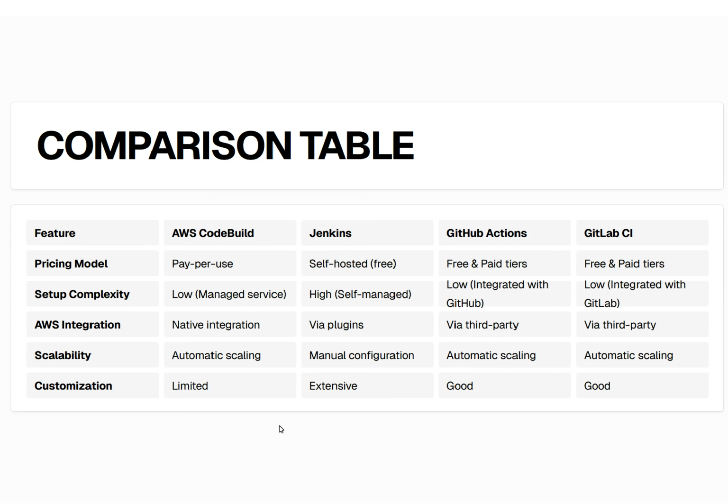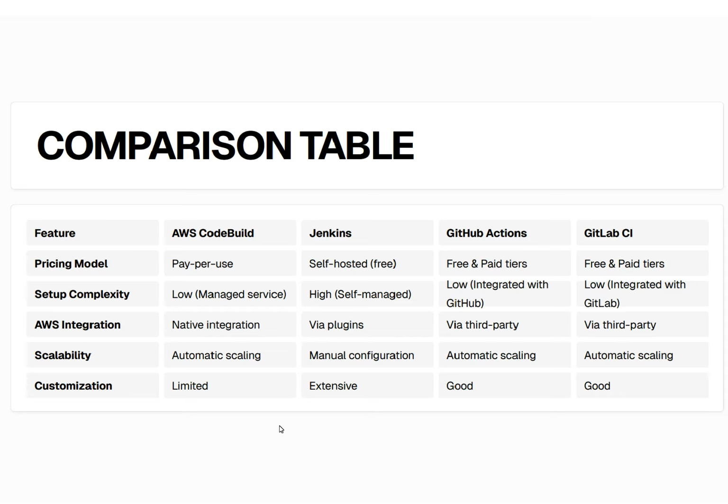All right. So if you're going to look into a few environments similar to CodeBuild, we've got them here in a comparison table. You compare on price, complexity, integration, scalability, and customization. So you have four different build environments.